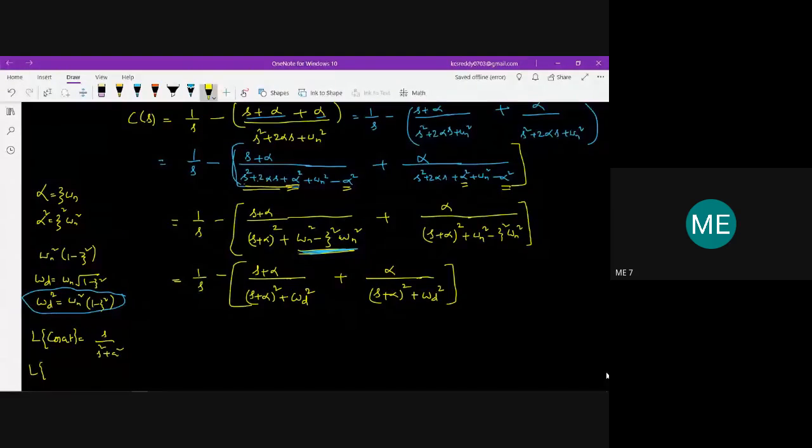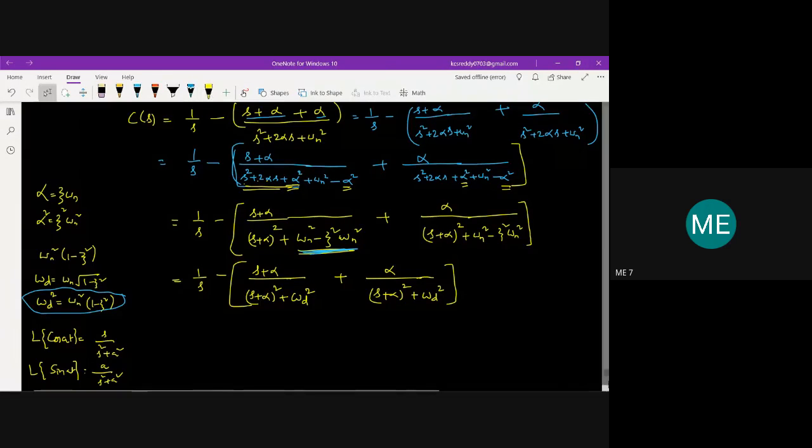Similarly, the Laplace transformation of sin at is a by s square plus a square. If I have the multiplication property of e power minus at in this case, then I'll be getting (s plus a) by (s plus a) whole square plus b square. Okay, if I have the Laplace transformation, see if I use one more.